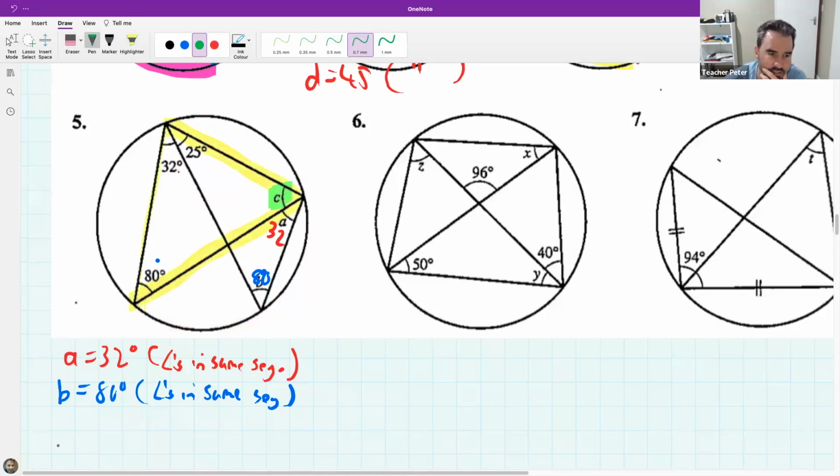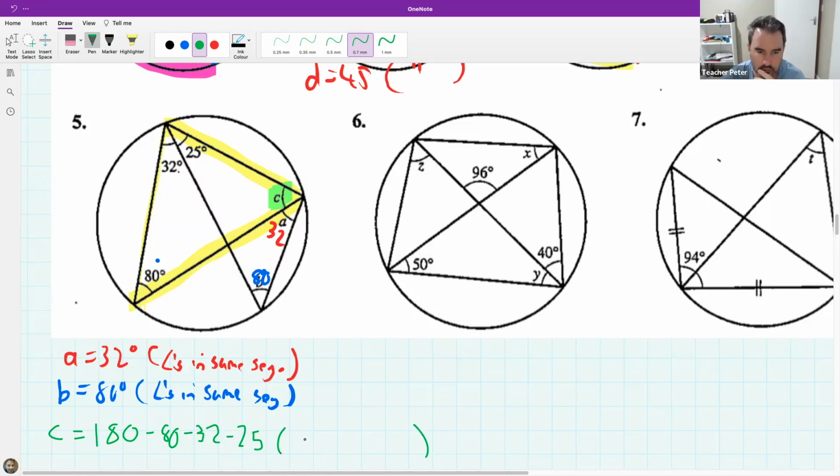And so then C is just going to be 180 minus the 80, and also minus the 32, and minus the 25. And so that is just going to be sum of angles in a triangle.